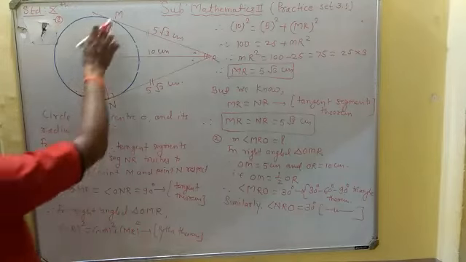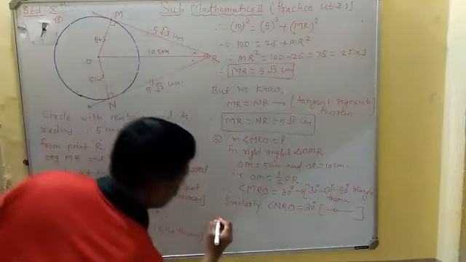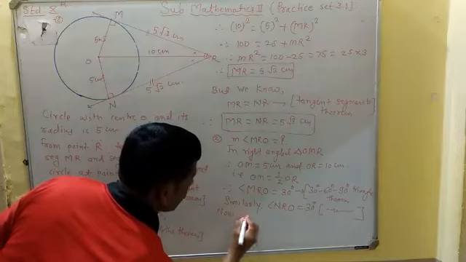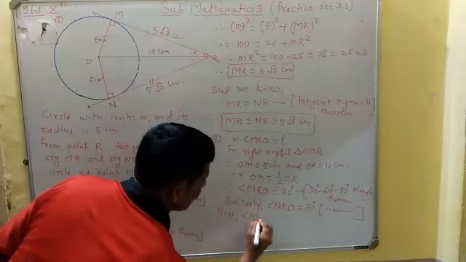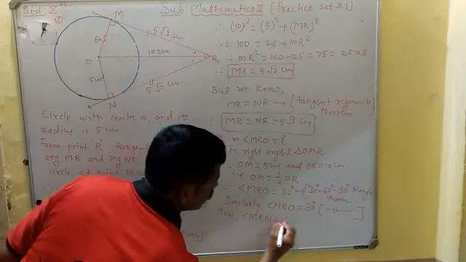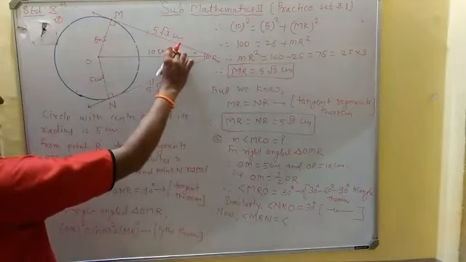Now we are going to find the angle MRN. Angle MRN is equal to the sum of those two angles.